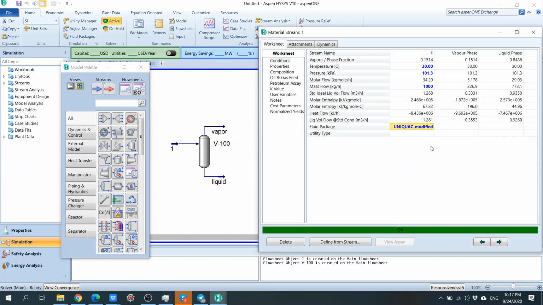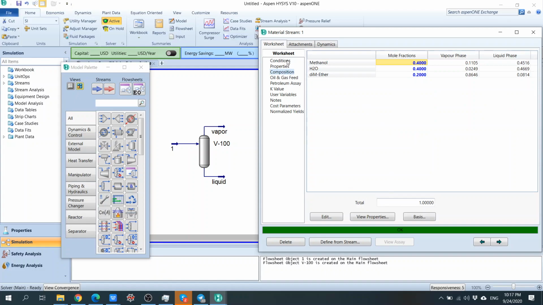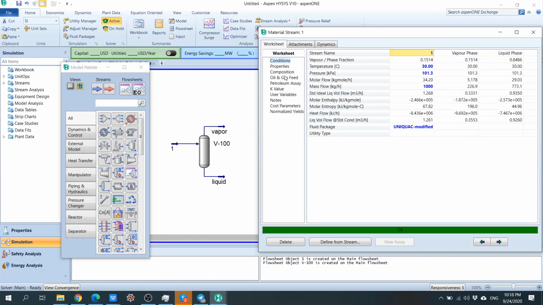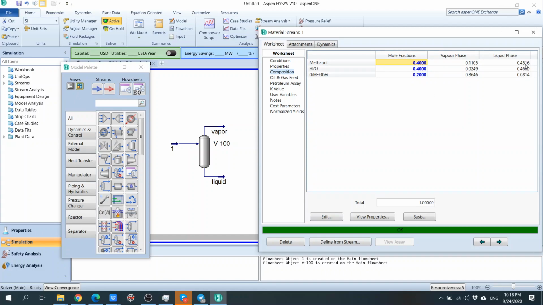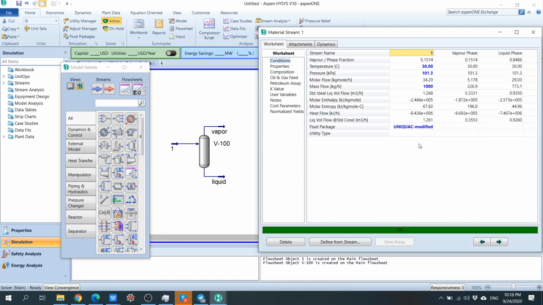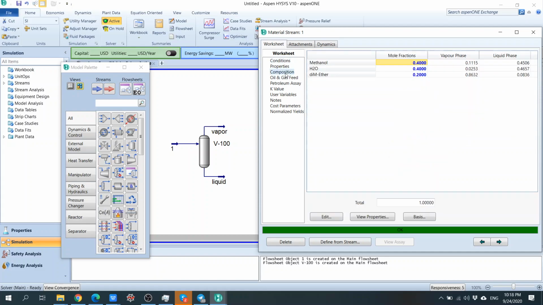Yeah, and then the next case is if you can get some composition analysis of the liquid, and then you can compare. Okay, so with this, for example, UNIQUAC modified, the composition of the liquid phase is about this number, and when you do your experiments, you take a sample, go to the lab, measure the compositions, and if you get the numbers more or less like this, then you can be sure that this is the correct model. If not, then you can fine-tune and see what happens.